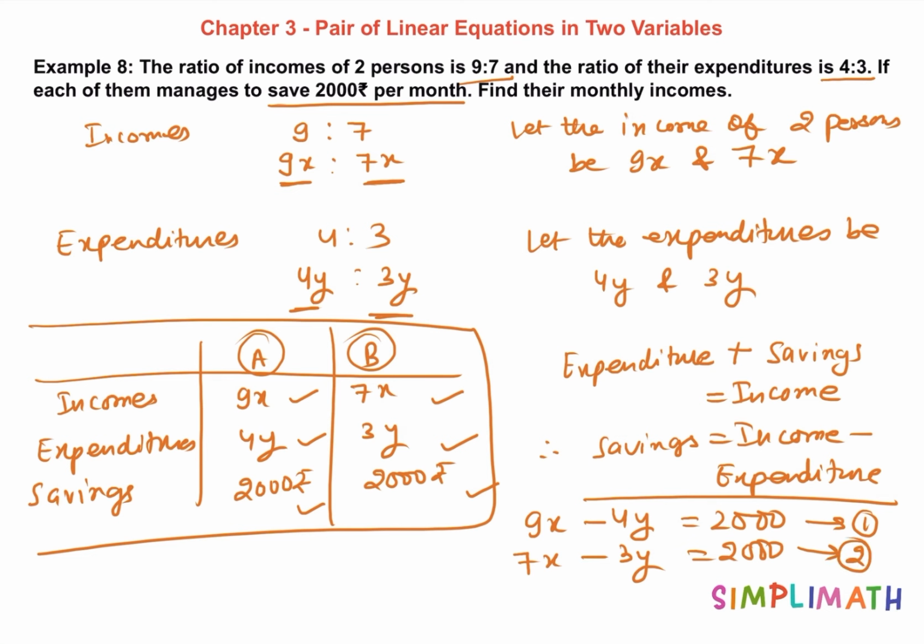Now let us try to solve both of these equations by the method of elimination. We will understand the method of elimination simultaneously, and we will solve both of these equations, and hence we will find their monthly incomes. That is, we will find the value of 9x and 7x.